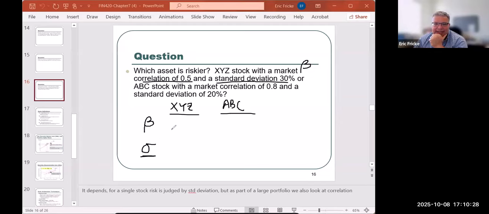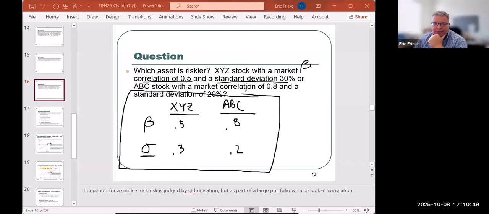And for XYZ, the beta is going to be 0.5, and the standard deviation is 0.3. And then for ABC, we've got a beta of 0.8 and a standard deviation of 0.2. A little bit of a strange mix there, right? Okay.